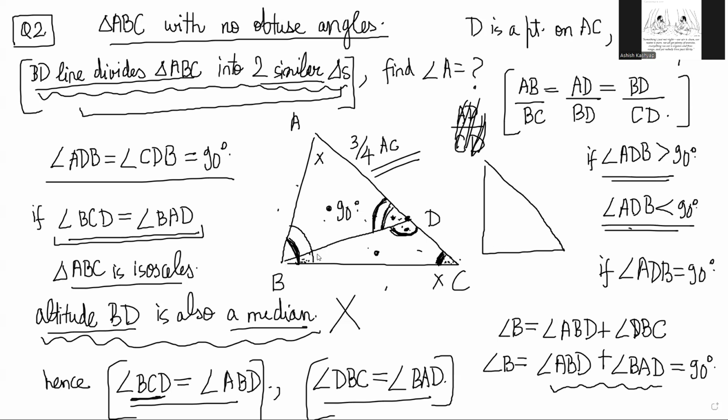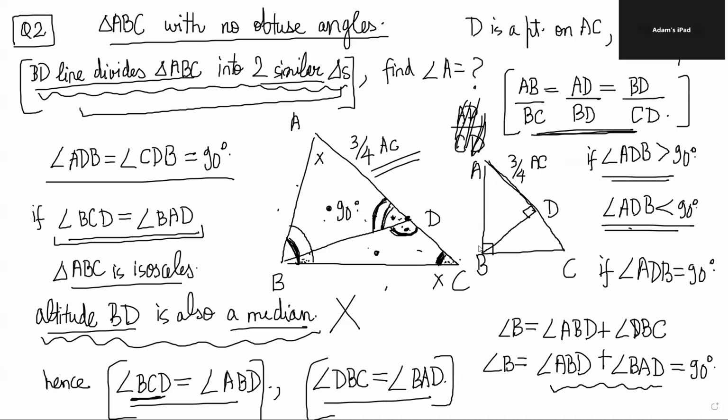Right angle triangle with one altitude, A, B, C, and the altitude like this BD, right? This is what we have, no? We also have these conditions. Our job is to find angle A, and I know this much is 3/4 of AC, right? So I think we should be able to find it.